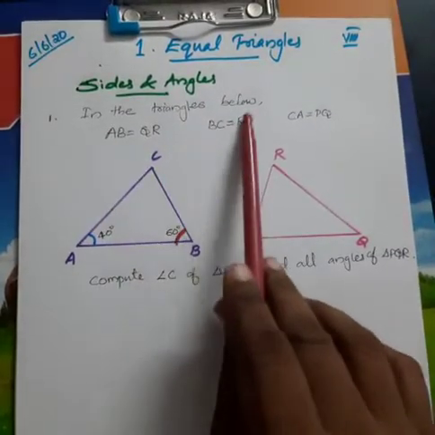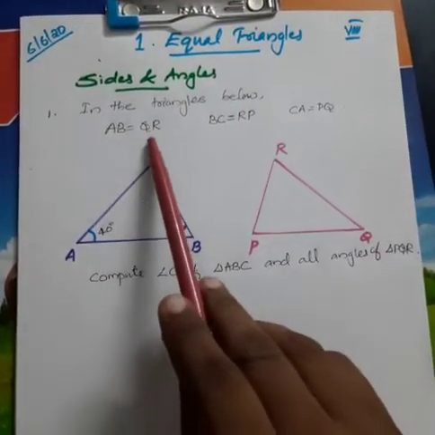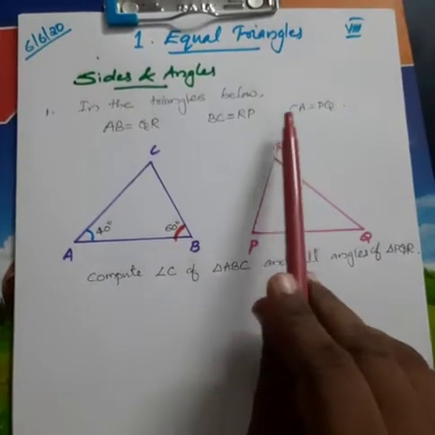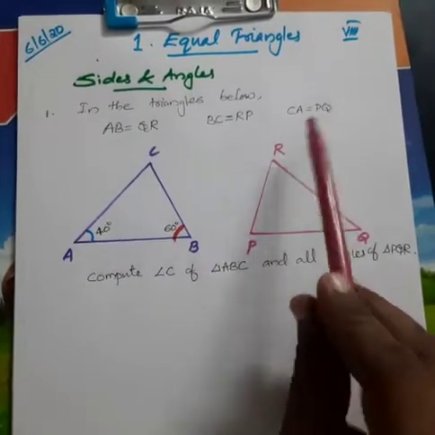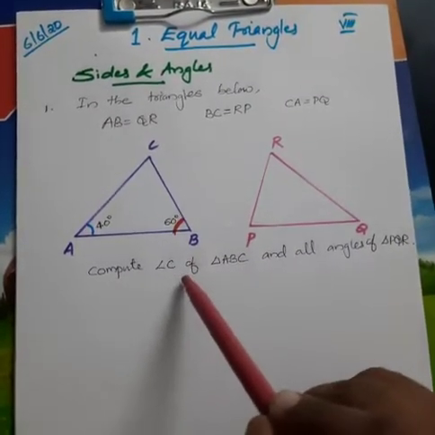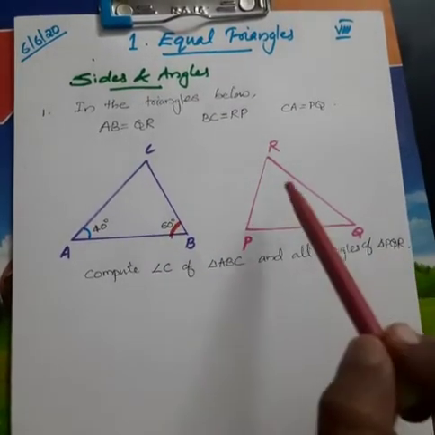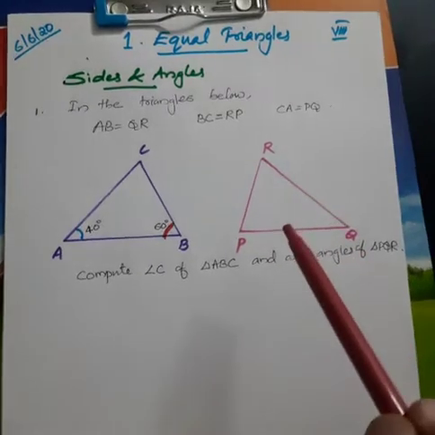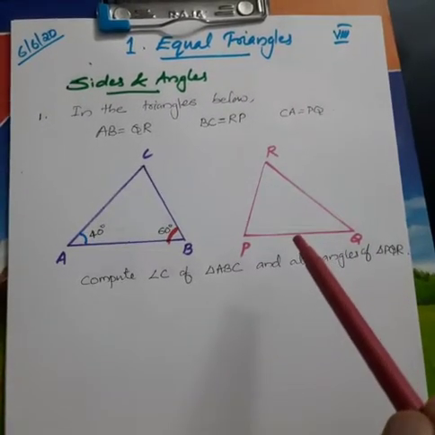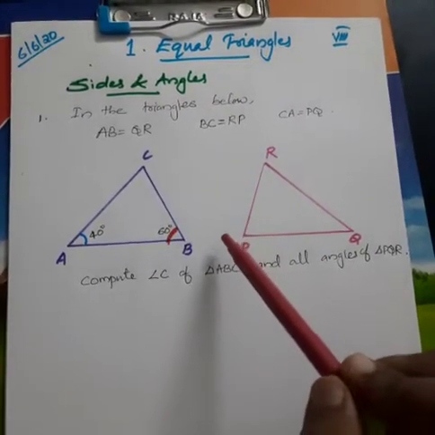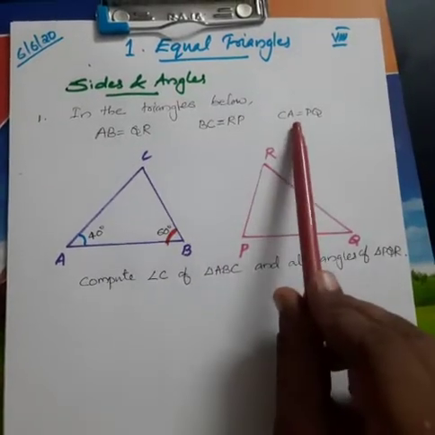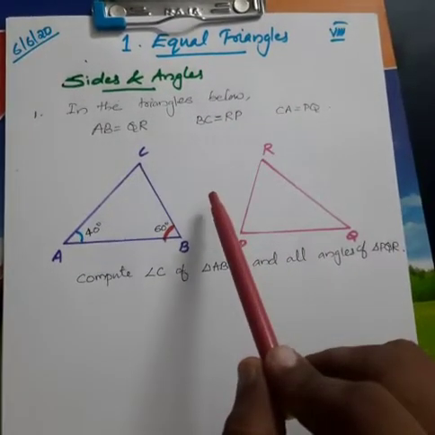In the triangles below, AB is equal to QR, BC is equal to RP, CA is equal to PQ. Compute angle C of triangle ABC and all angles of triangle PQR. In this question, the pairs of sides are given and they are equal.